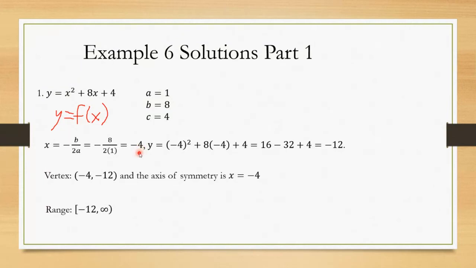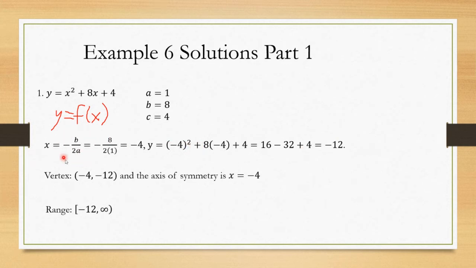And again, to get the y coordinate, you have to plug this into the function. So we get negative 4 squared plus 8 times negative 4 plus 4. That's just direct calculation. That turns out to be 16 minus 32 plus 4, which is minus 12.